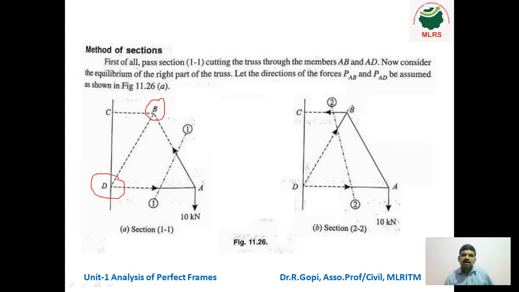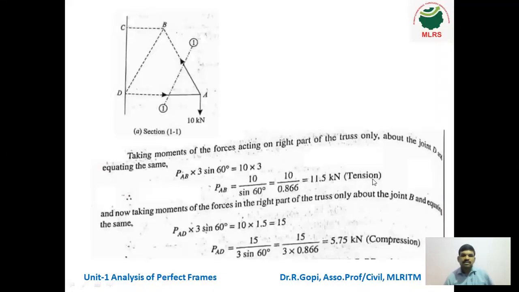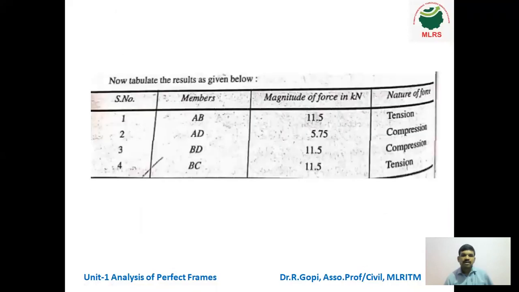For the BD member, take the moment at joint C. For BC, take the moment at joint D. That's all. Once you draw this diagram correctly, it is very useful. So these are all the answers.